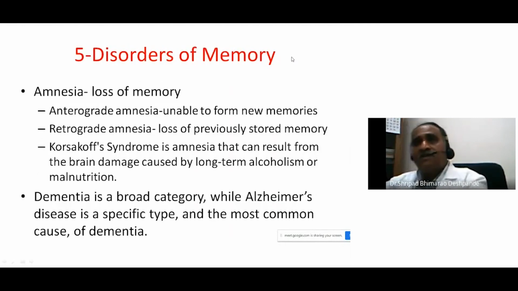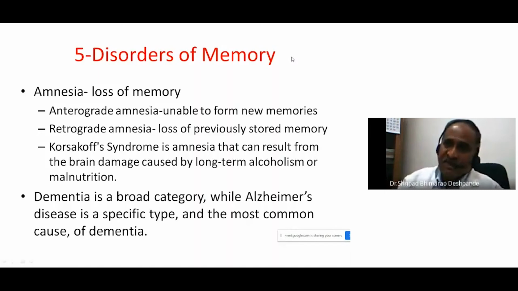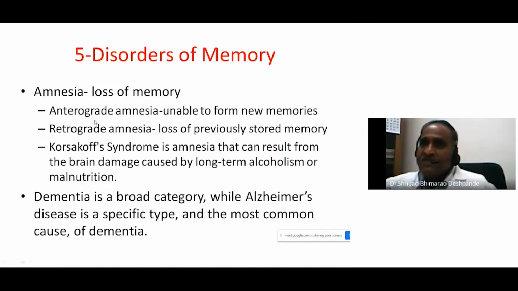Now, let us consider the disorders of memory. The memory disorders include amnesia and dementia. Amnesia is a loss of memory. I have already mentioned anterograde amnesia when I was talking about the amygdala, the hippocampus, or the limbic system.